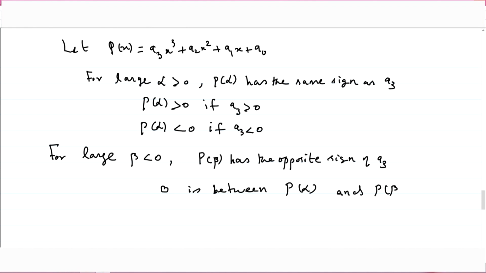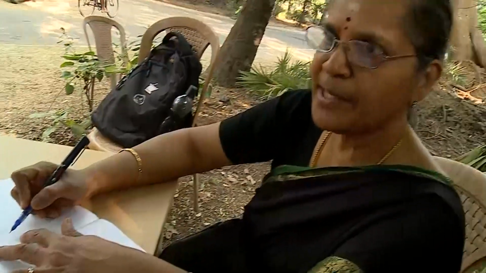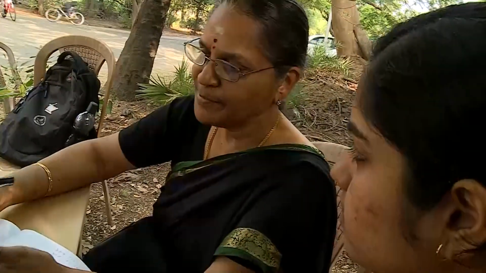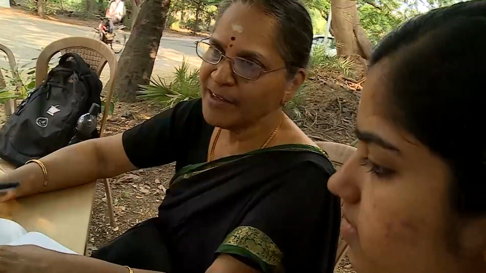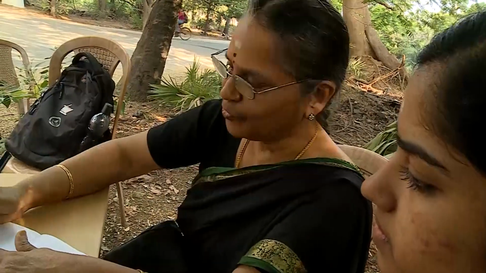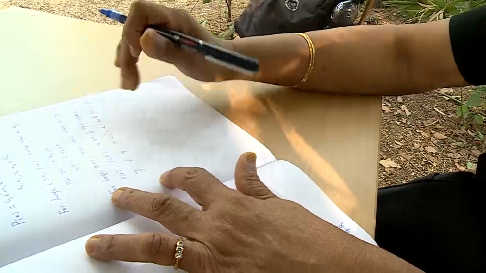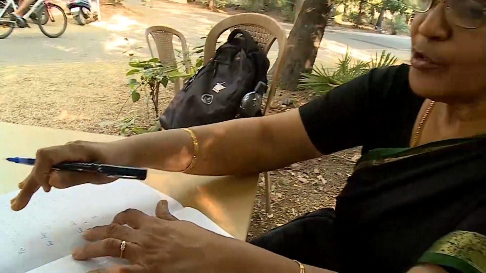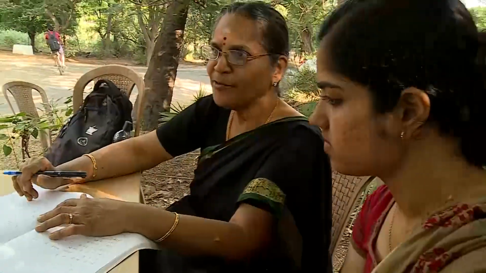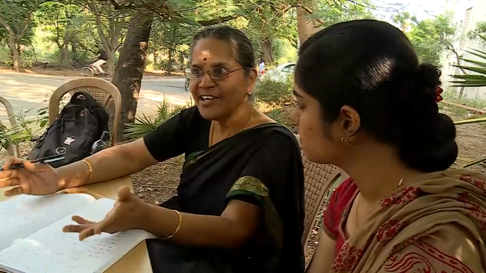Yes. And p(x), being a polynomial, is a continuous function, so I am justified in applying the intermediate value property. Therefore there exists a gamma between beta and alpha such that p(gamma) is 0. So, what does it say? It says that a cubic polynomial with real coefficients has a real root.